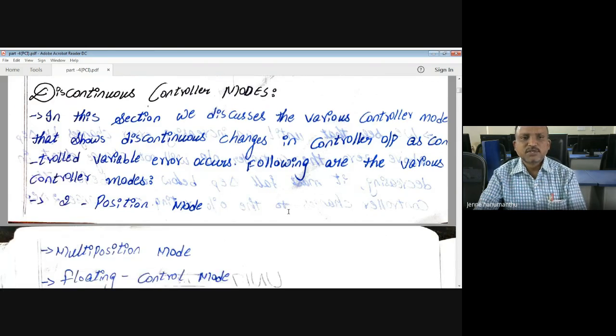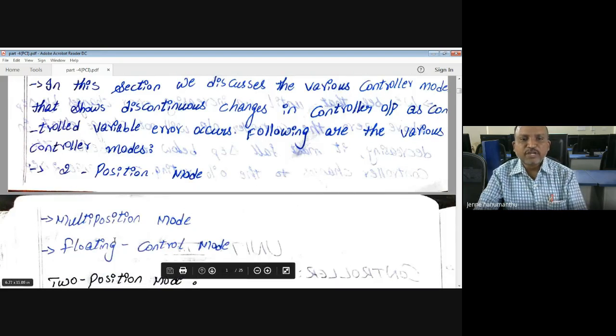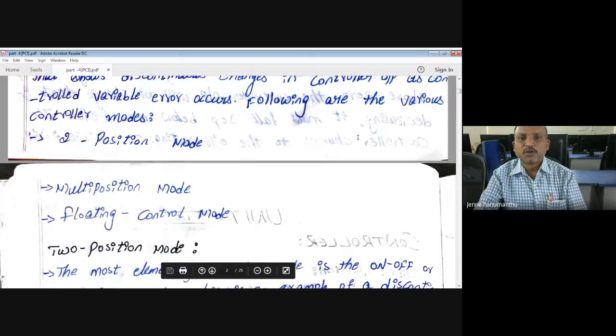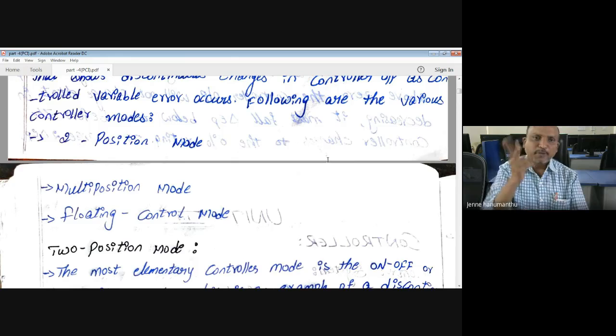The first one is two-position controller, then multi-position controller, and floating mode controller. So in the discontinuous, there are three actions: two positions, multi positions, and floating control. These three come under discontinuous. They are not continuous.